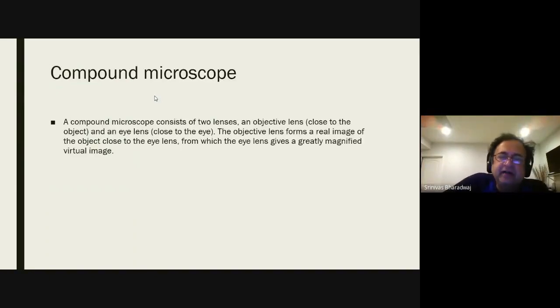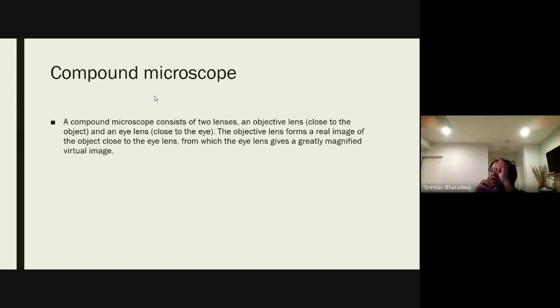Now, the other idea, which is also important, they're both important, that we will be learning is the microscope. Okay? The compound microscope has also two lenses. So both of these typically have two or maybe even three lenses.